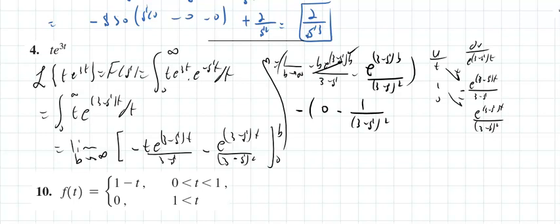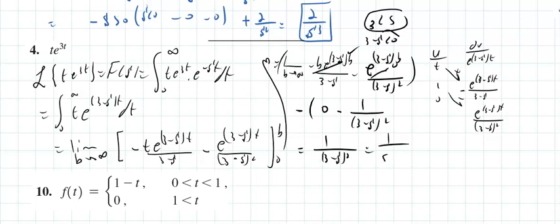Now, this will approach 0 and this will approach 0 as long as 3 minus s is negative, which means as long as s is bigger than 3, and you're left with 1 over 3 minus s squared, or simply 1 over s minus 3 squared, because those two are doing the same exact thing.